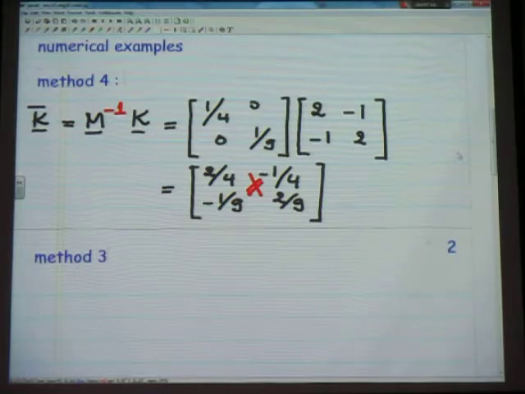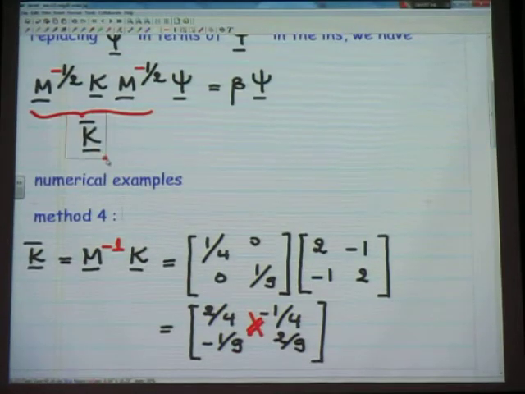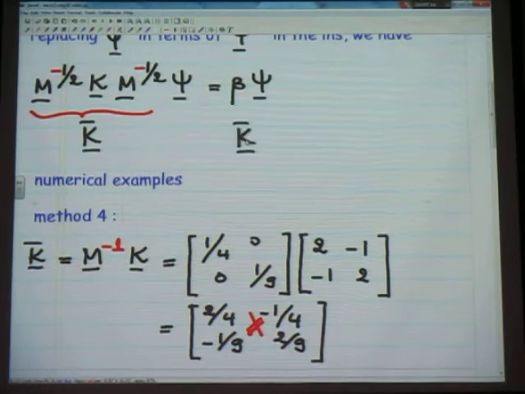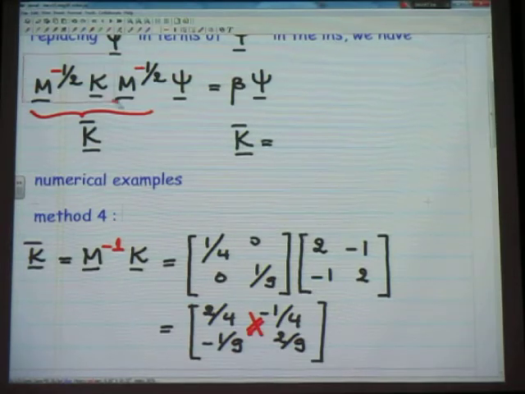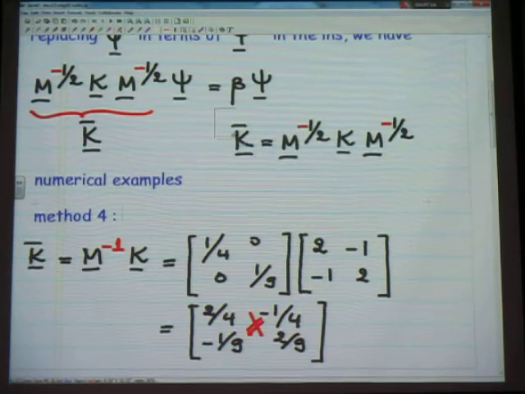Now let's look at the example for method 3, and for method 3, the K bar. Let me construct the equation here and then I'll move it to the next page. So K bar is that.